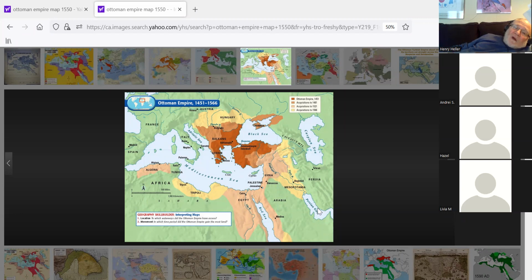And from the point of view of the Western Europeans, it was frightening because Christian Europe had been at war with the Ottomans, the Arabs, since the 7th century, and suddenly you have this consolidation of this vast Islamic empire.